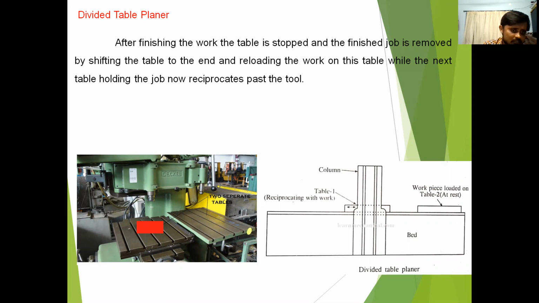After completion of the operation on this workpiece, what are we going to do? We will stop the machine and remove the finished workpiece. We are going to unload the finished workpiece from the table and load the new workpiece onto the table. So simply, if you want to do the operations, we are not simply placing the workpiece on the table.